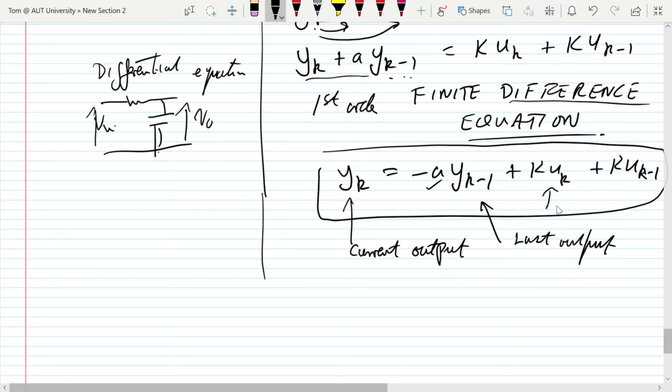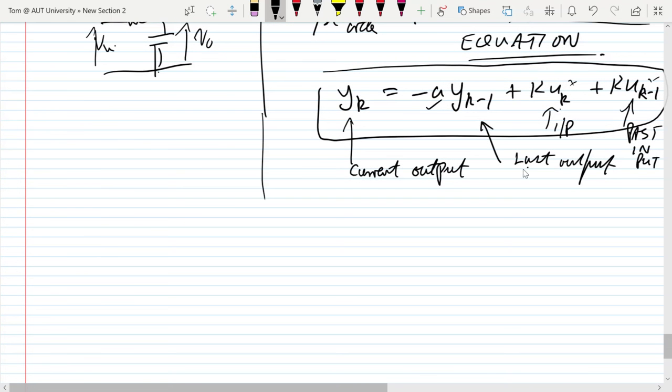This is the input. That's the present input, and this is the past input. Okay, present input, past input, current output, and the last output, or the previous, we can say previous output, if you like.